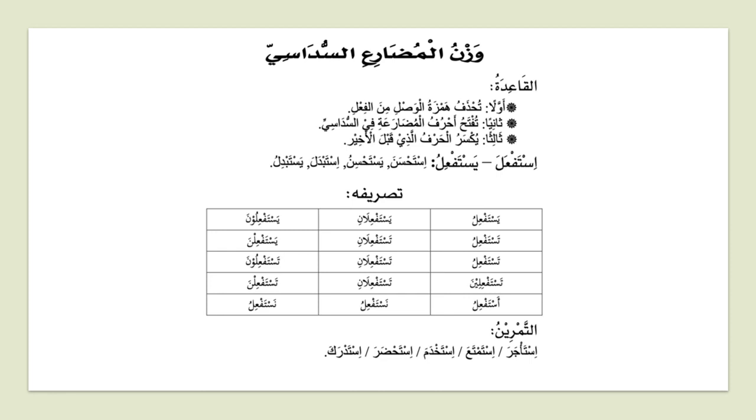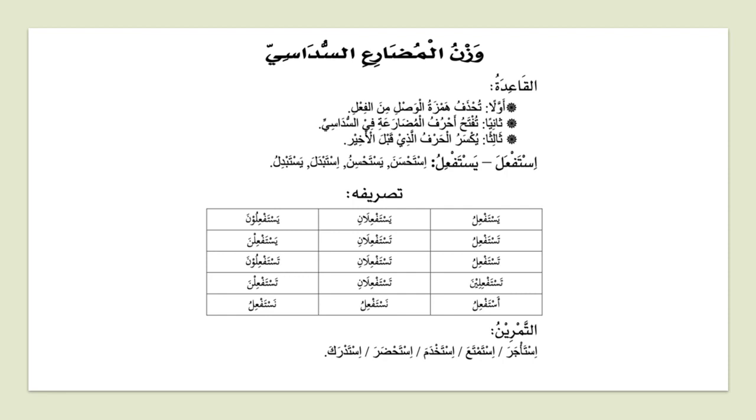So the first one, أولاً, he's going to give 3 points again. أولاً, the first point: تحذف همزة الوصل من الفعل. تحذف, by the way, is going to come in a different chapter. The meaning of تحذف.